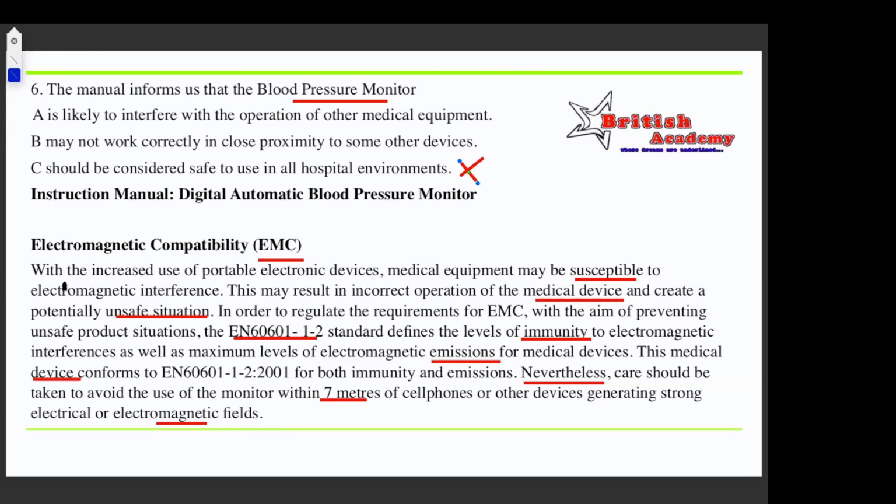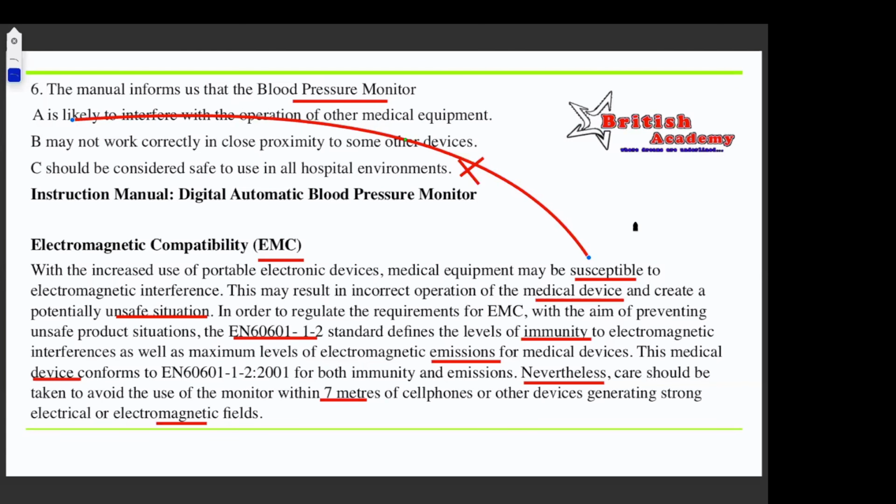Over here it says with the increased use of portable electronic devices, medical equipment may be susceptible. Now, many people link this word susceptible to likely. They read medical equipment may be likely to electromagnetic interference.